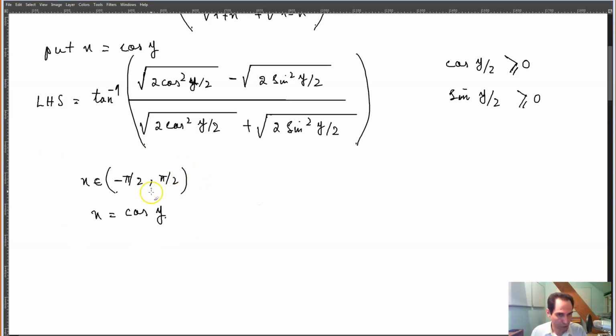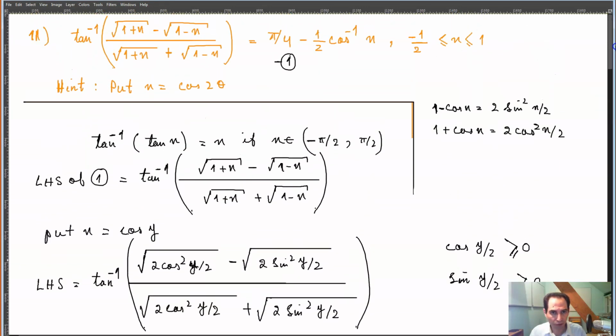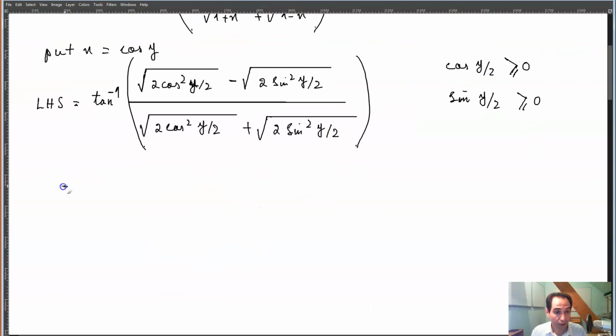Now, what I wrote over here was actually not entirely true. The constraint of this problem is that x is between -1/2 and 1. So -1/2 is less than or equal to x less than or equal to 1. And I know that x is equal to cos of y.